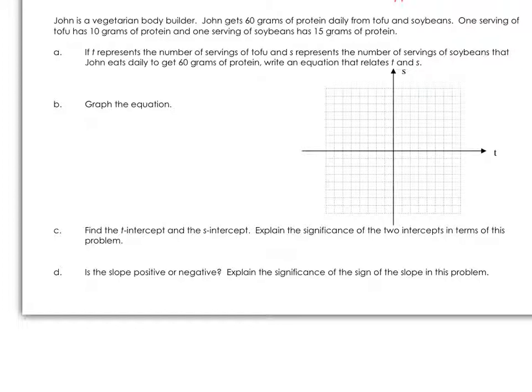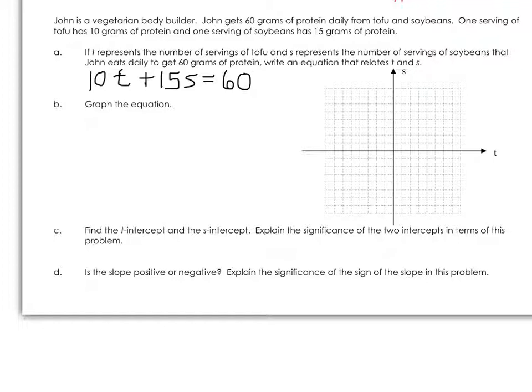If T represents the number of servings of tofu and S represents the number of servings of soybeans that John eats daily to get 60 grams of protein, write an equation that relates T and S. So he's going to get 10 grams of protein for every single serving of tofu. He's going to get 15 grams for every serving of soybeans. And altogether, he needs to get 60 grams.